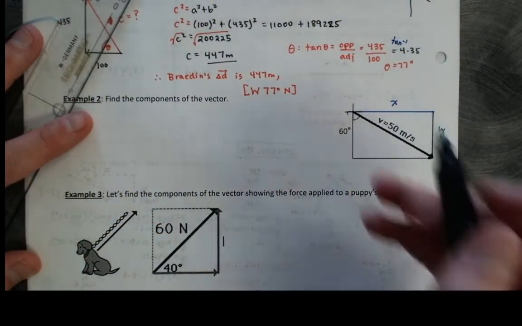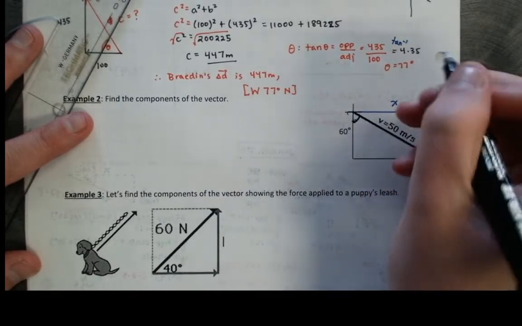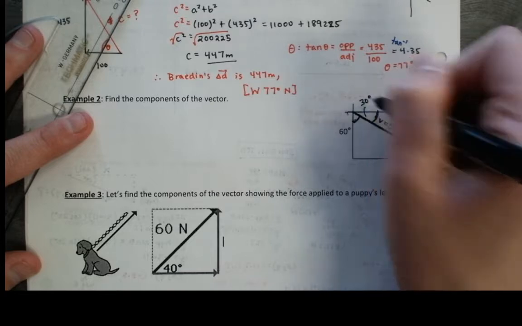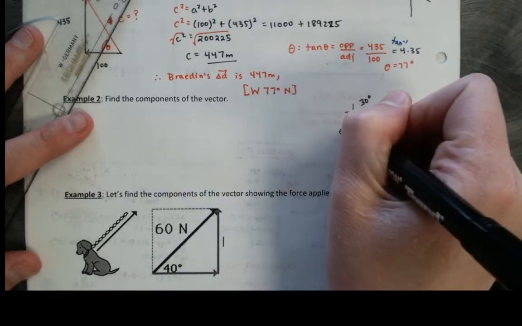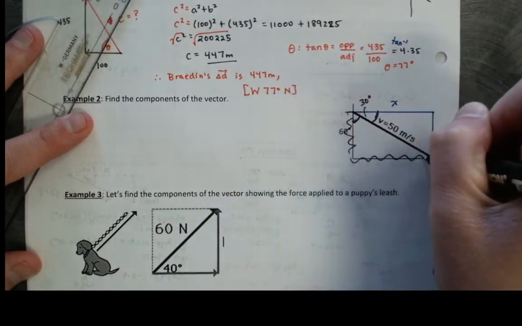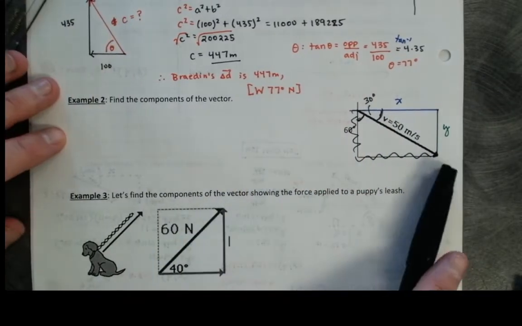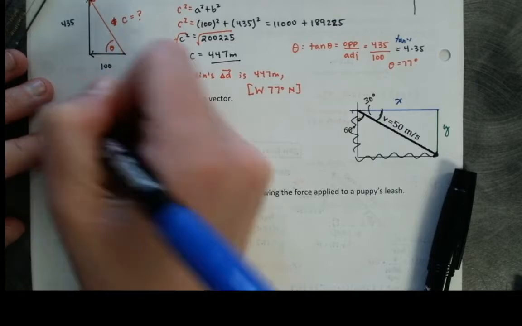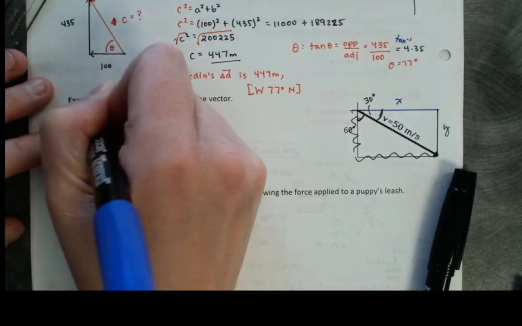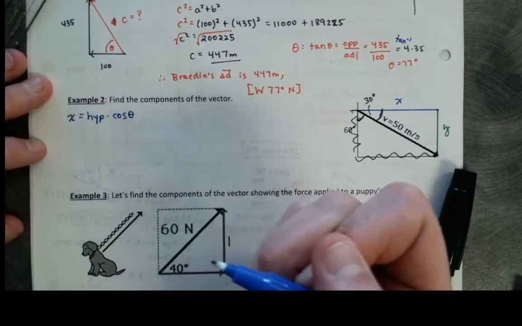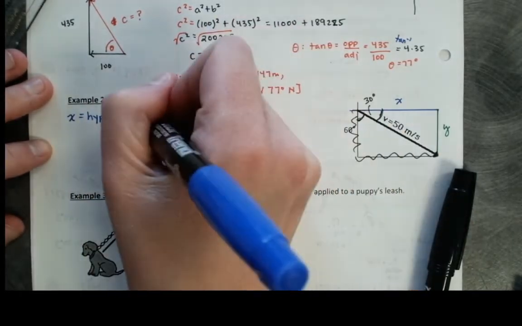Now, if this is a 60-degree angle, that means that this angle is 30 degrees. So we're going to ignore all of that. We're going to use this as our x, this is our y.